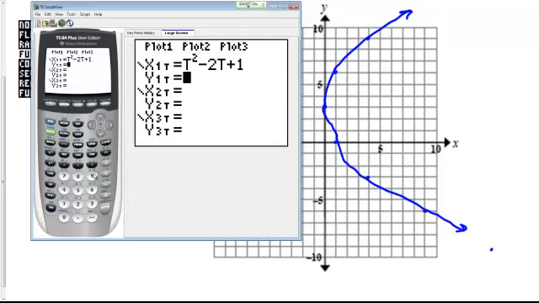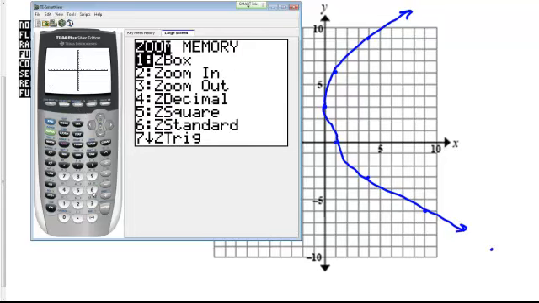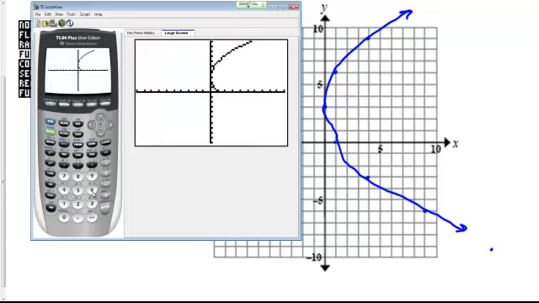and then we'll move to the y equal. The y is going to be 3t, and then I'm just going to do a zoom standard, and so that's the graph of that particular equation there. So you can see the parametric graph here of that particular equation.